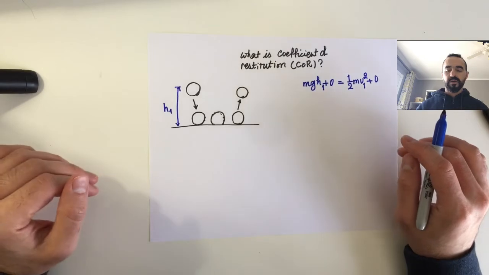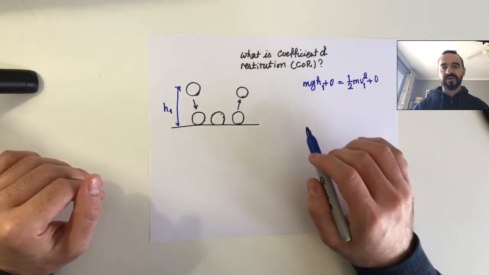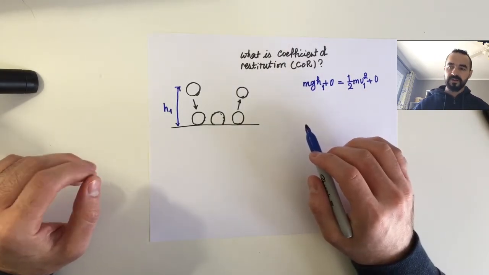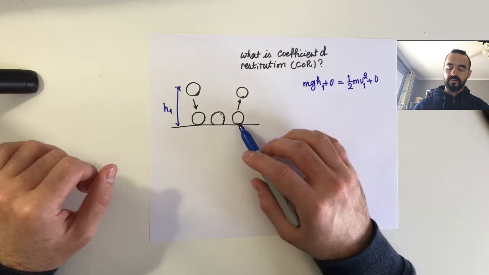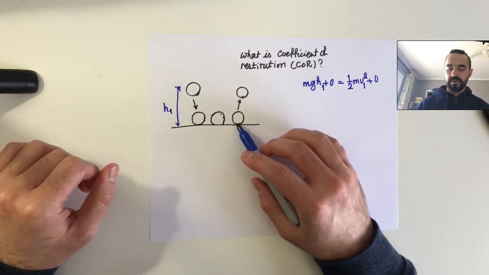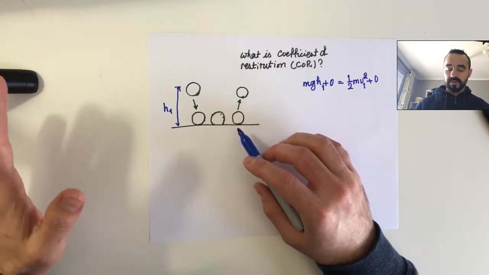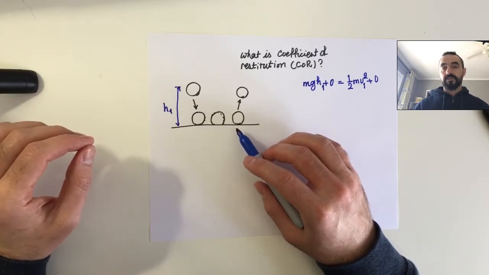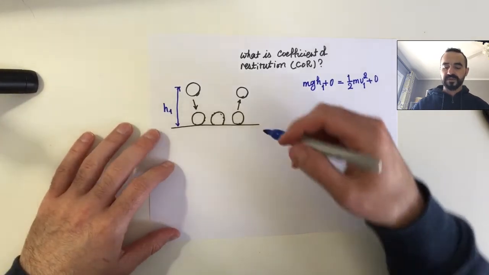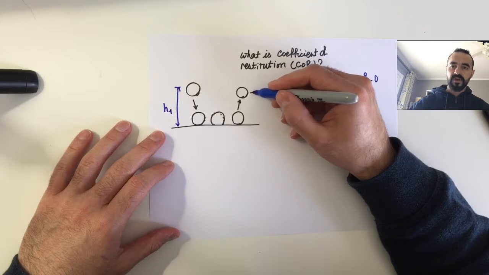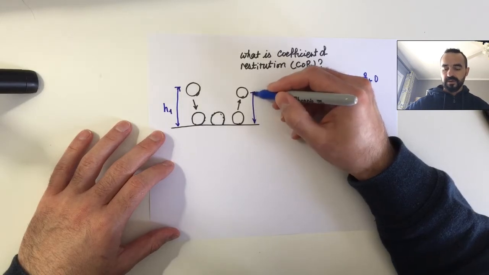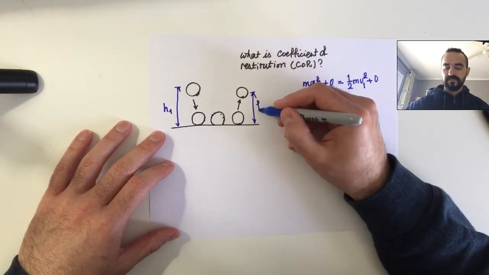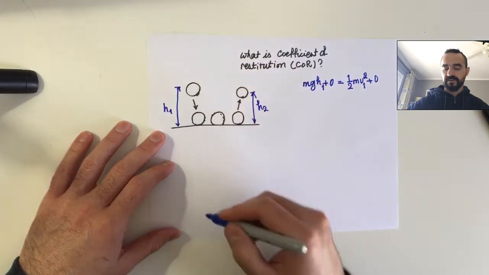And then if we apply conservation of energy again from the point this ball leaves the ground or bounces off the surface, we can relate the velocity of the ball to this height using conservation of energy again.